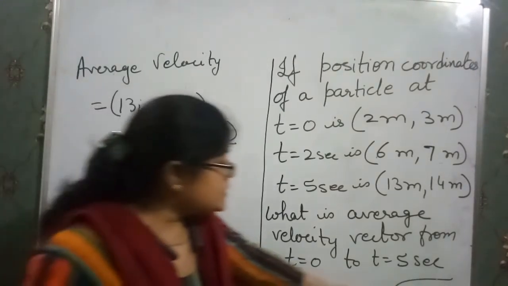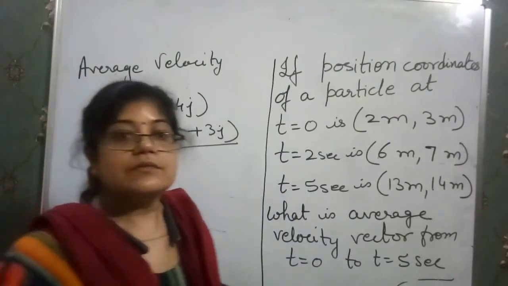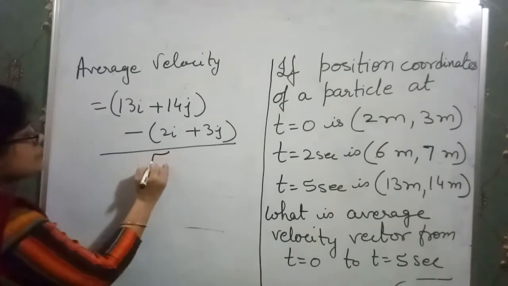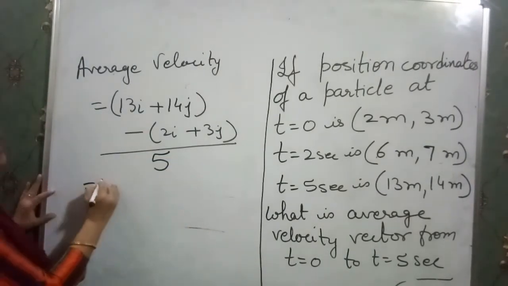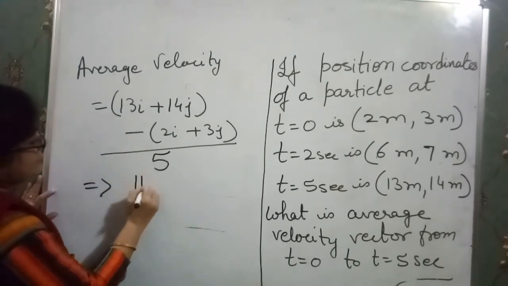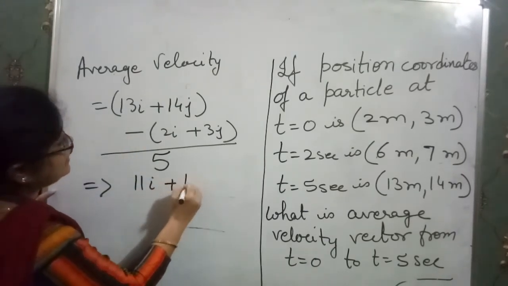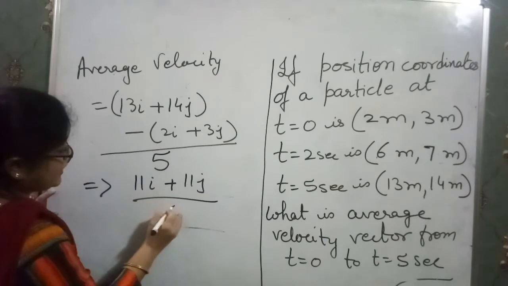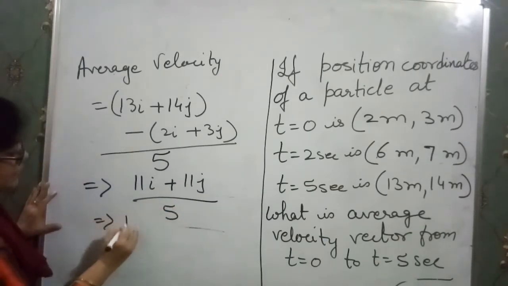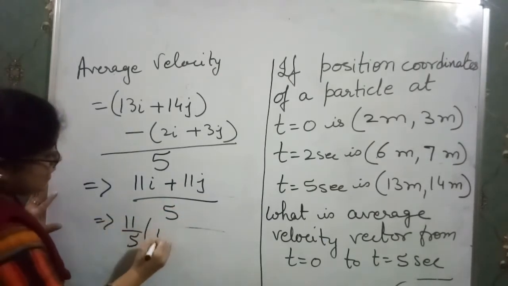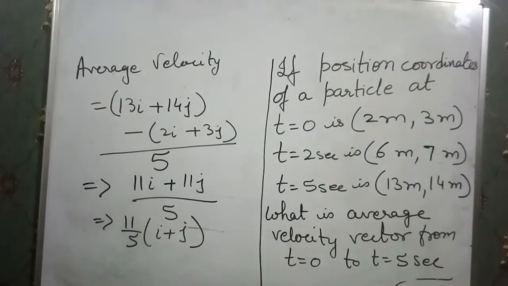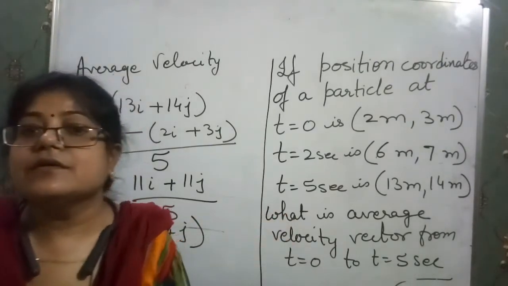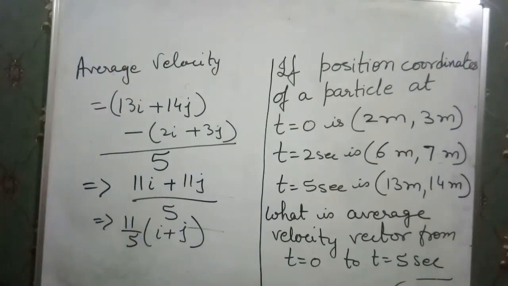How much time has it taken? 5 seconds. So we divide it by 5. Clear? Now subtract that. We have 11i plus 11j over 5. So we have 11 over 5 times i plus j. In this way we find the average velocity vector. Now next question.